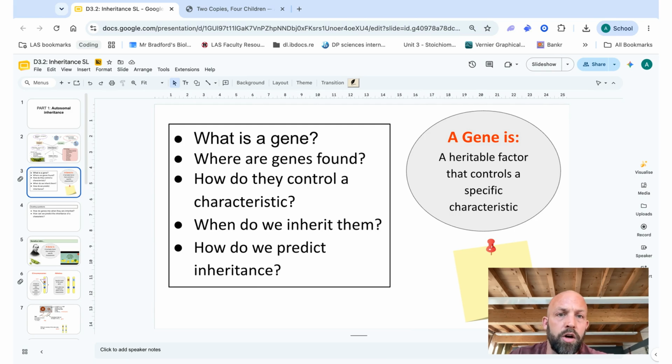Both my parents have dark brown eyes, but you'll notice that I have blue eyes. Why is that? It means they were both carrying the blue-eyed gene, and therefore, they must have been heterozygous. And the dominant gene was being expressed in them. And what's interesting is the recessive one is also expressed, but it is dominated.